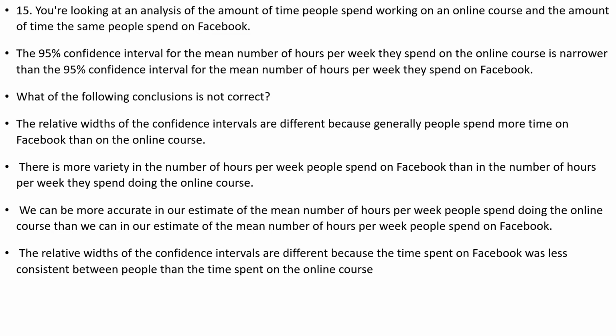We can be more accurate in our estimate of the mean number of hours per week people spend doing the online course than in our estimate of the mean number of hours per week people spent on Facebook. The relative widths of the confidence intervals are different because the time spent on Facebook was less consistent between people than the time spent on the online course.